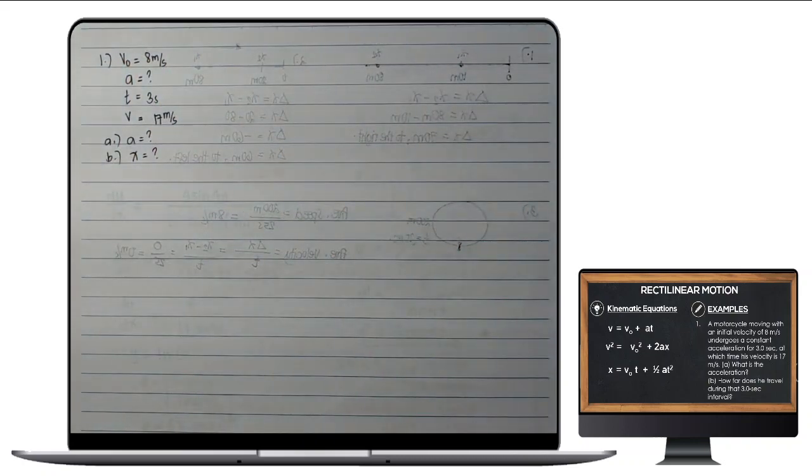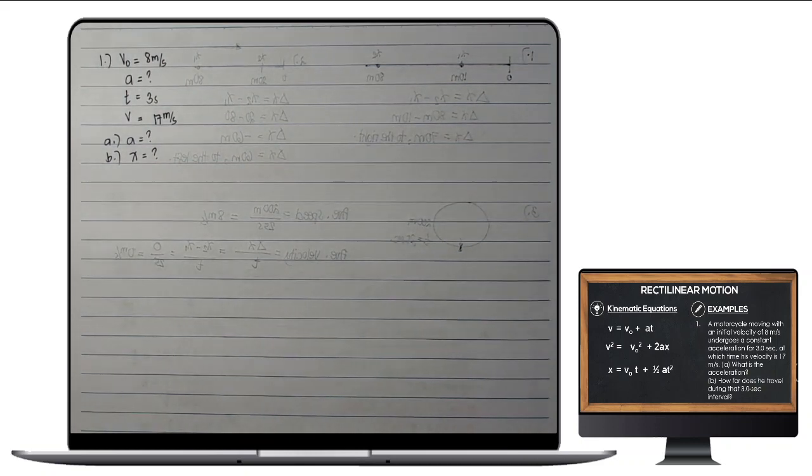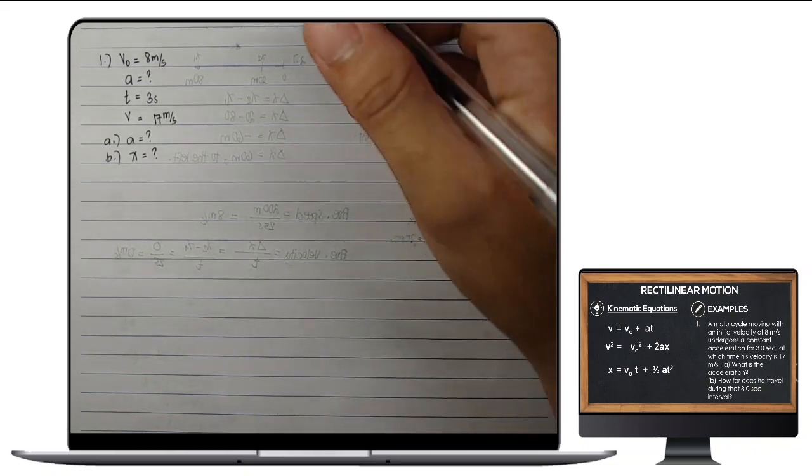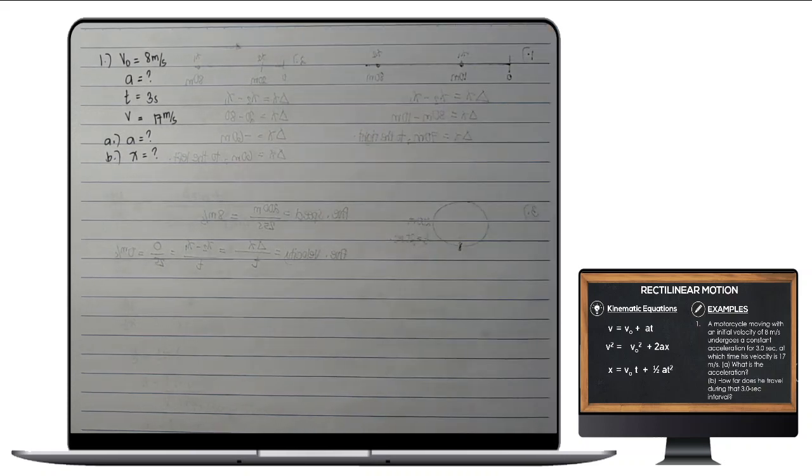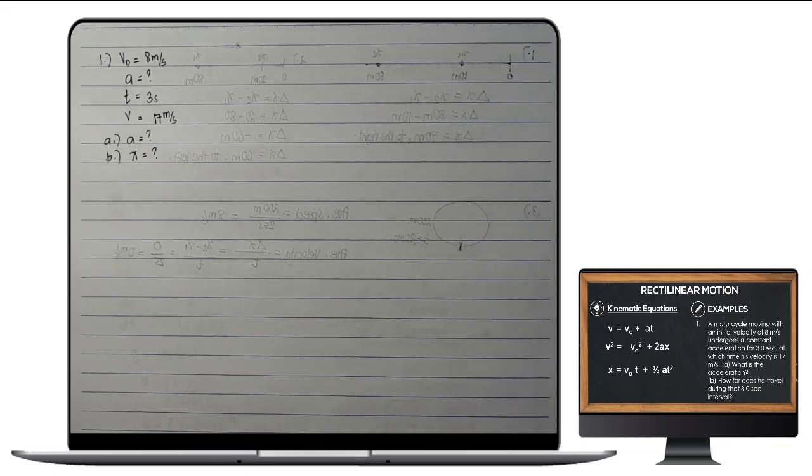With that, we are just going to apply the formulas that we have. For number 1, since we are using the kinematic equations, the technique we can apply is to simply apply the formula which fits with your given. Whichever formula is complete with your given, that is the easiest to use.